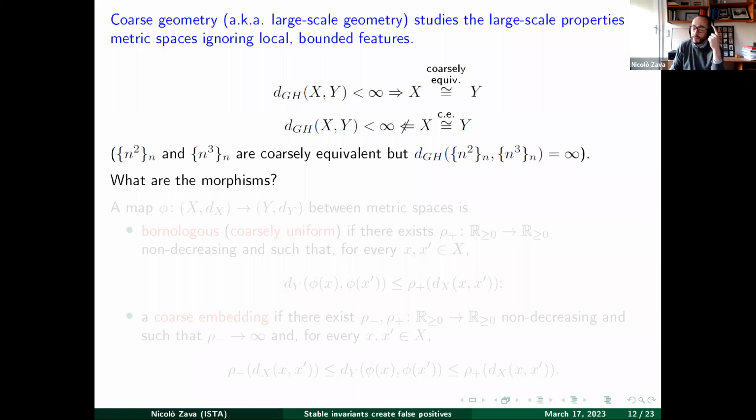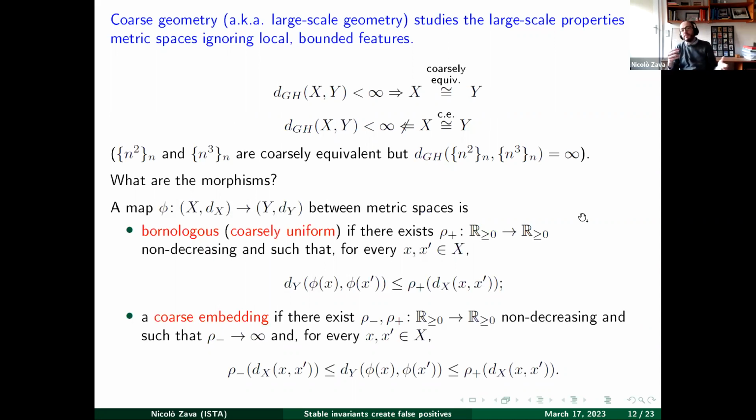What's interesting for us are the morphisms in coarse geometry. The morphisms in this theory are sometimes called Bornologous maps or coarsely uniform maps. These are maps between metric spaces for which the distance between images is bounded from above by some function of the distance between the original points. And this is basically the stability I recalled at the beginning.